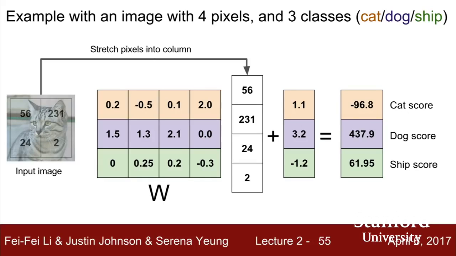The inner product or dot product between the row of the matrix and the column giving the pixels of the image gives us a similarity between this template for the class and the pixels of our image. And then this bias just gives you a data-independent scaling offset to each of the classes.